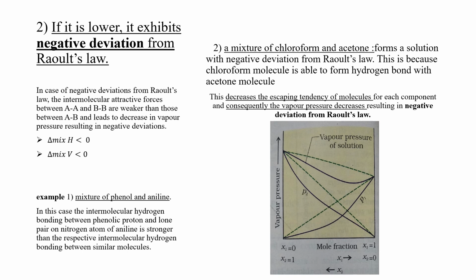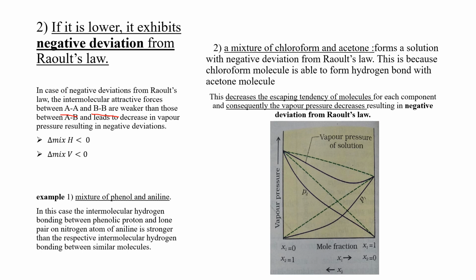Now come to the next. If it is lower, it exhibits negative deviation from Raoult's law. Now, in case of negative deviation from Raoult's law, the intermolecular forces of attraction between pure components AA and BB are weaker. Now, it is opposite from positive deviation.